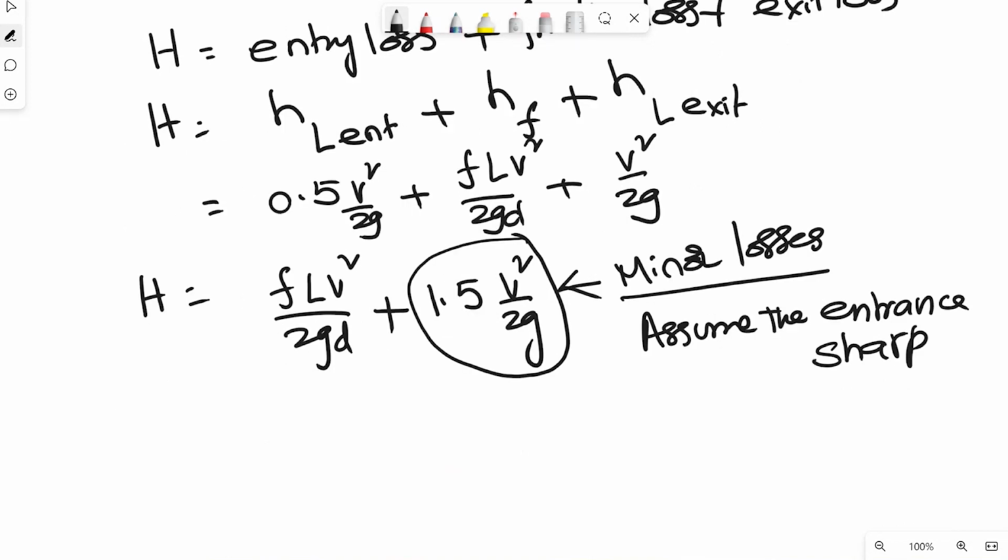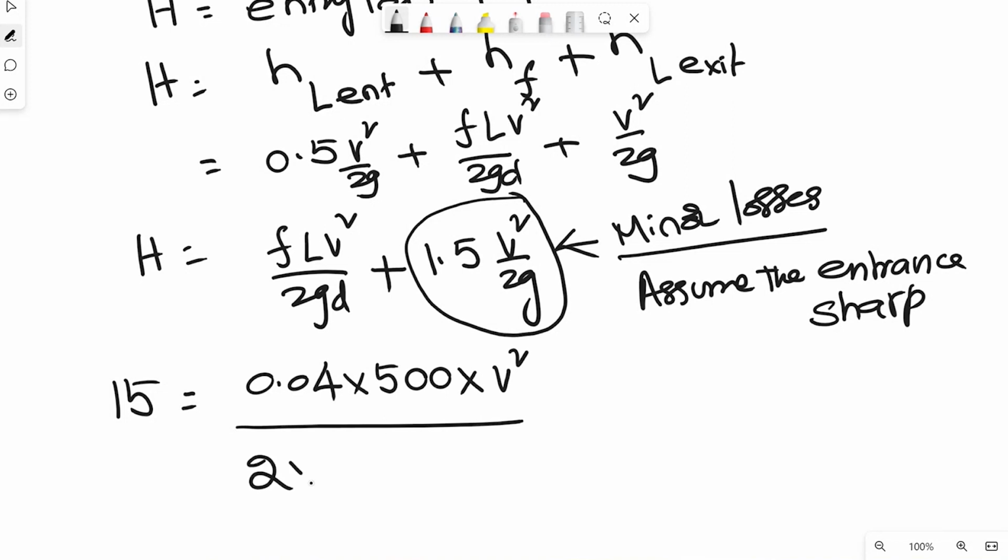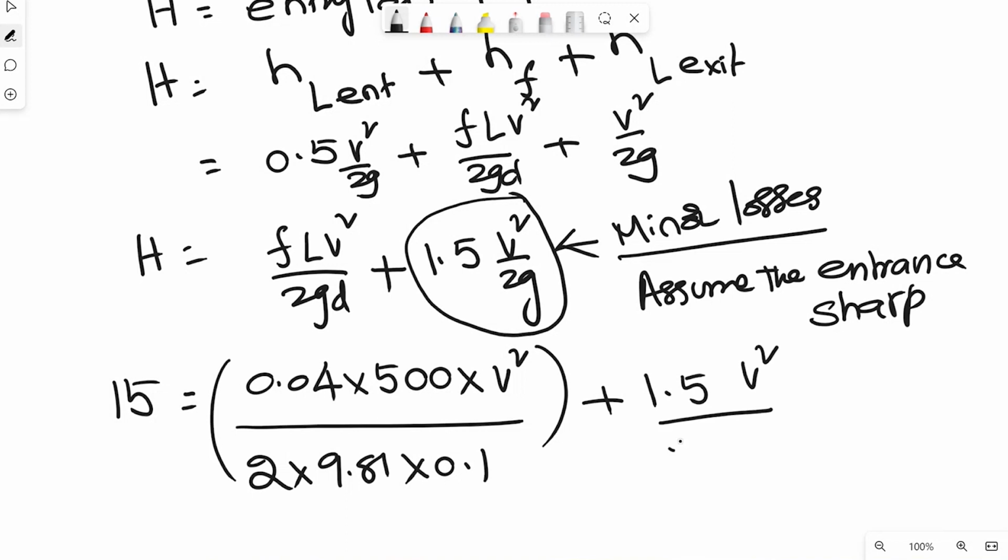Now in this problem, H is equal to 15, f is equal to 0.04, L is equal to 500, into V squared divided by 2 into 9.81 into diameter 0.1, this is the first term, plus 1.5 V squared by 2 into 9.81.